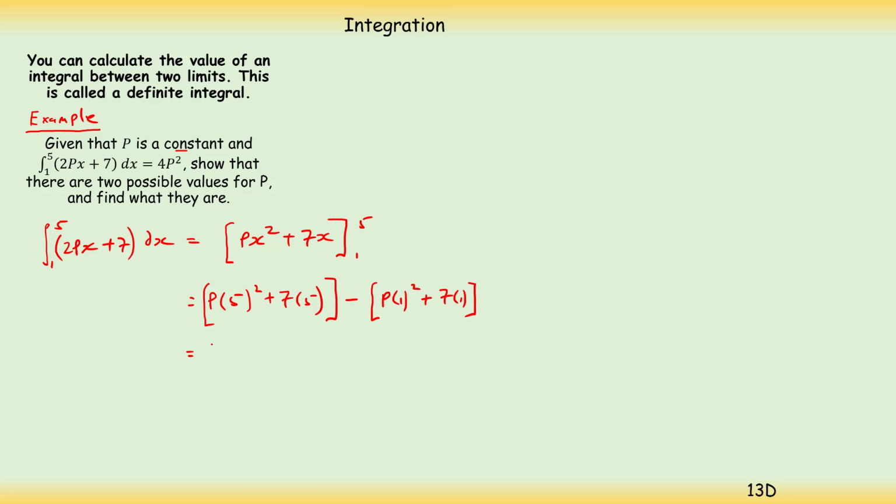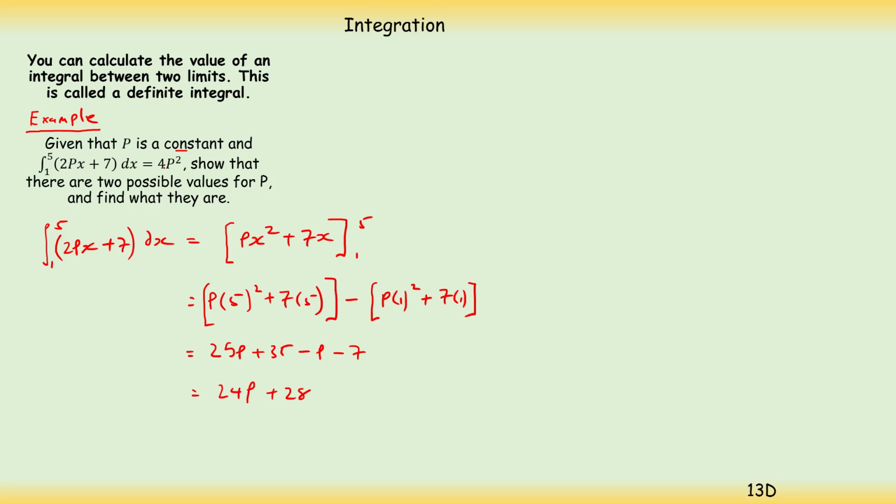Work that out, we've got 25p plus 35 minus p minus 7. 25p minus p gives us 24p, and 35 minus 7 gives us 28. Okay, so that's our integral part.